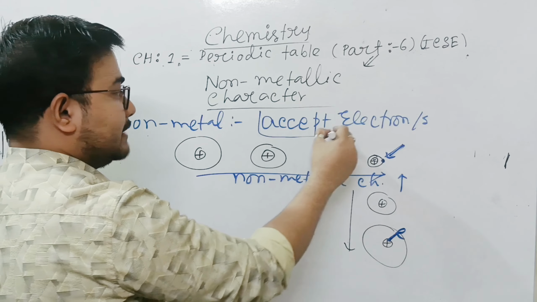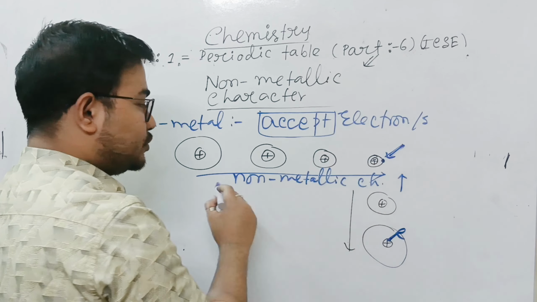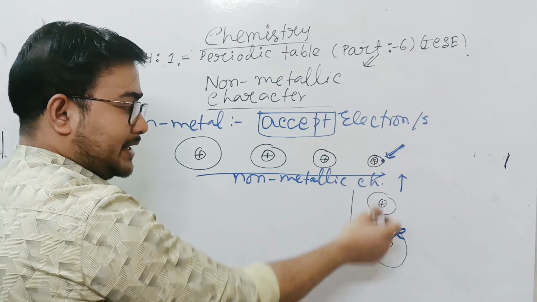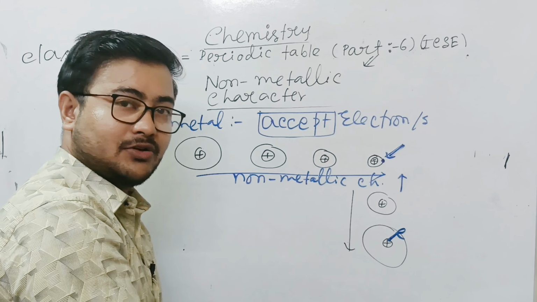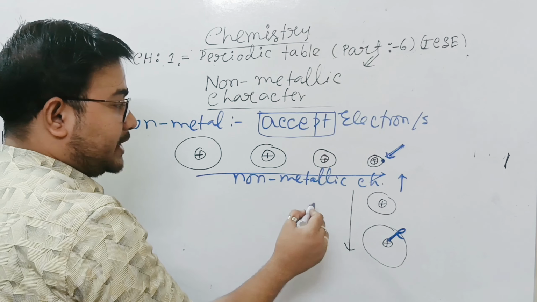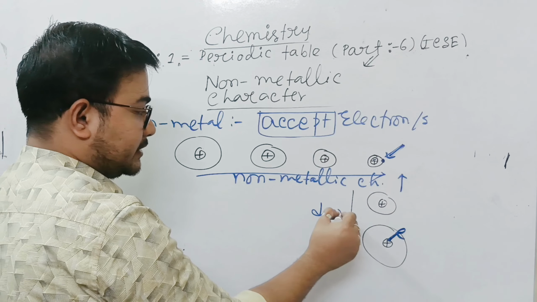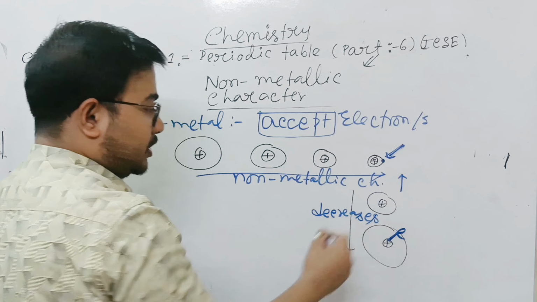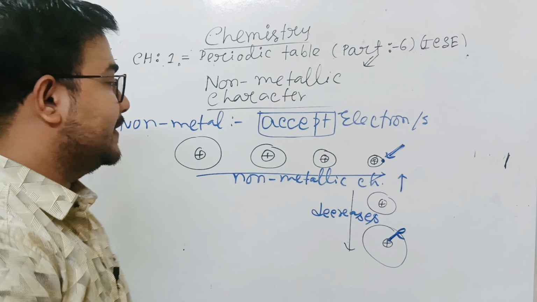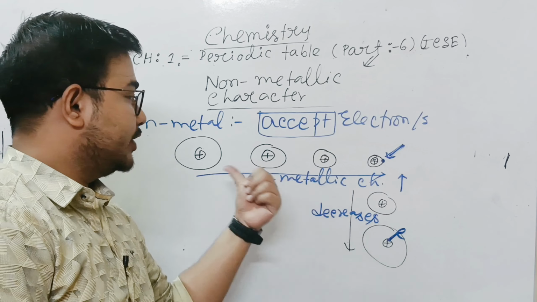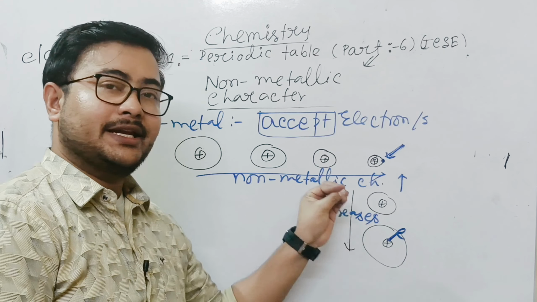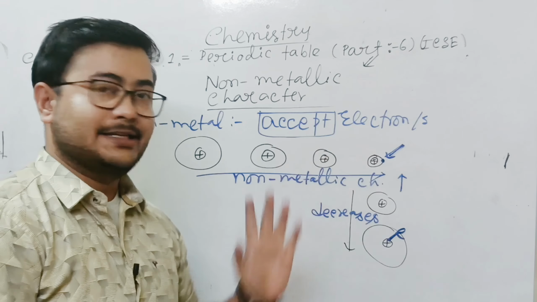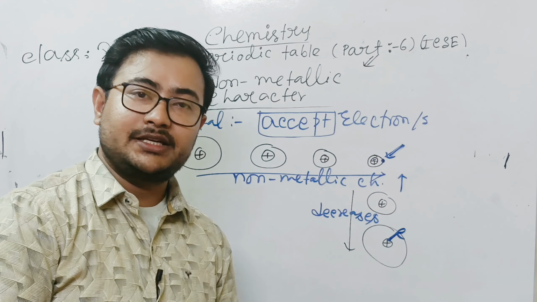So pull, that is acceptance. So here acceptance is more, so non-metallic character increases. Here radius increases, so distance becomes more, so attraction becomes less, so non-metallic character here decreases. So from this diagram it is very clear that as you move left to right, non-metallic character increases. As you move downwards, non-metallic character decreases. Now what is the reason behind it?